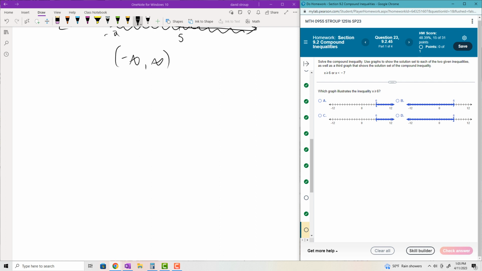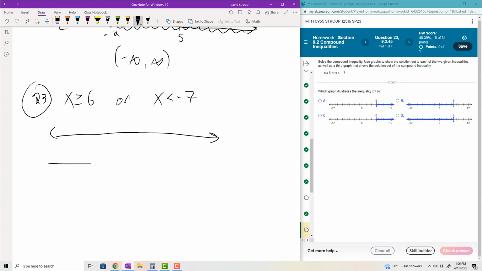Let's try 23. So x greater than or equal to 6 or x less than negative 7. Okay, so get our number lines. Here's negative 7, here's 6.